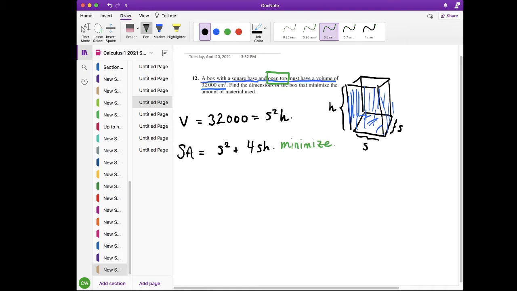Okay, so what's the easier variable to solve for? Right, you have a 2-variable equation, SA, in terms of S and H. So how do you get rid of one of the variables, and which variable should you get rid of, and which variable shouldn't you get rid of?